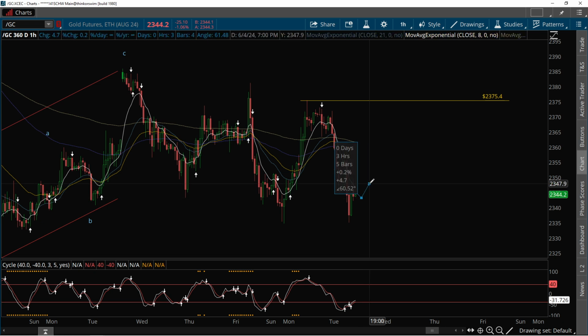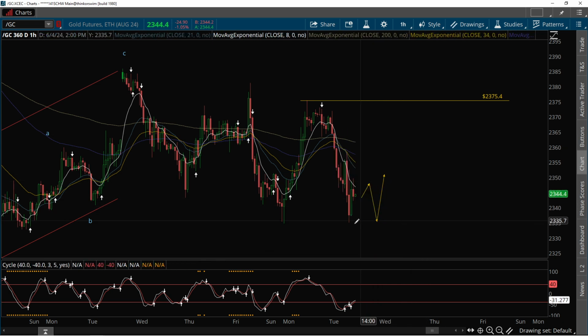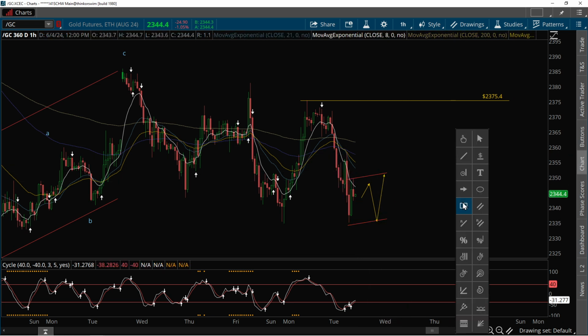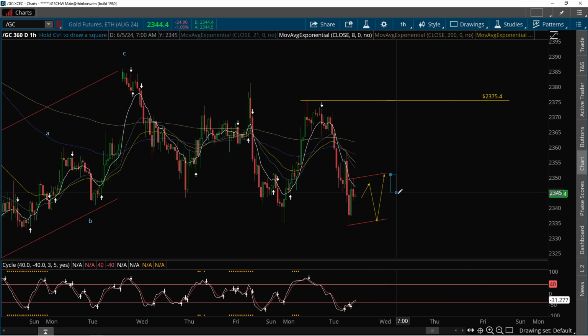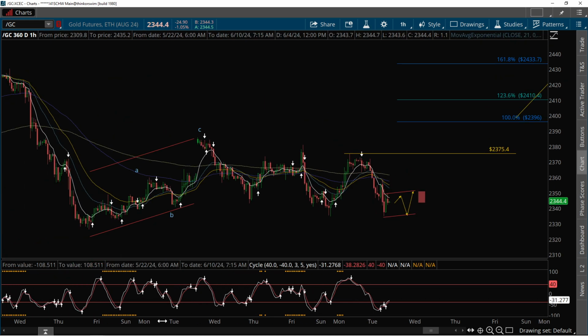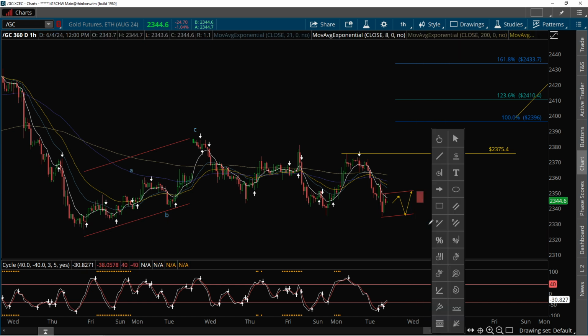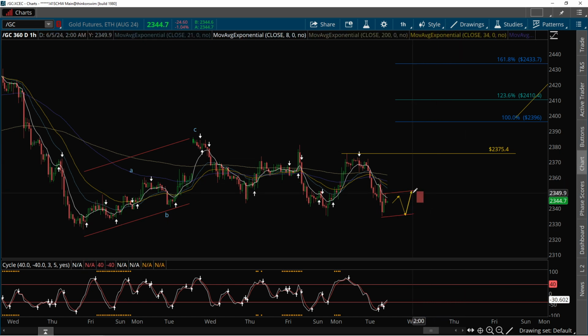So if we start correcting down here, then you can take a 1 hour 34B trade, just in case this is a sneaky leading diagonal for the downside. So if this is all our correction, because this is the high, and we have 1, 2, 3, 4, 5 down, correction, and we're going to the downside. All right. So if you wanted to take a shot on a 1 hour 34B trade, you could do that.